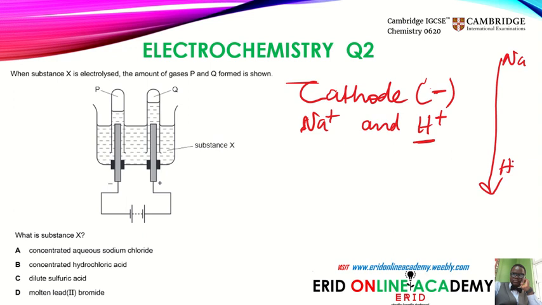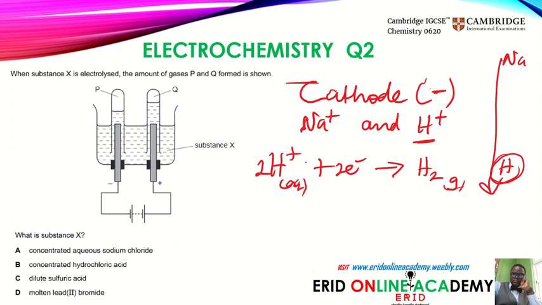So hydrogen will be preferentially discharged, meaning that hydrogen goes to the cathode to receive electrons, because at the cathode you have reduction, and reduction is the gain of electrons. So hydrogen ion goes to the cathode to receive 2 electrons to become hydrogen molecule. Okay, and your gas will be what?